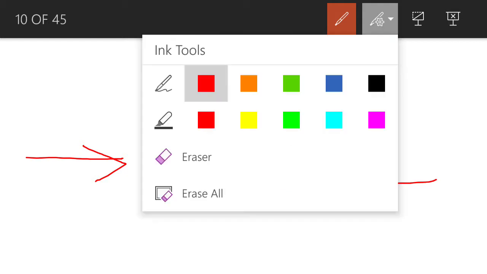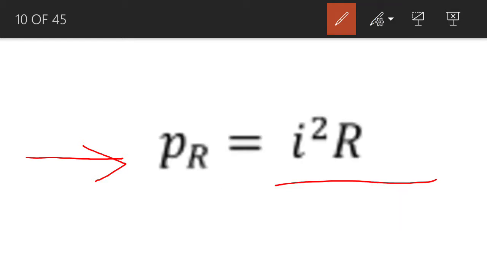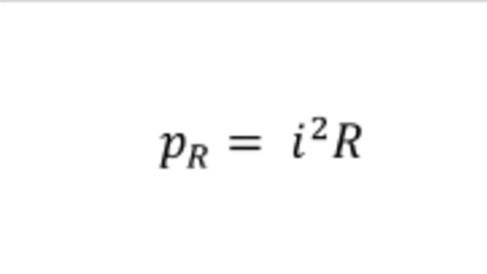We put the value of the current in this equation.